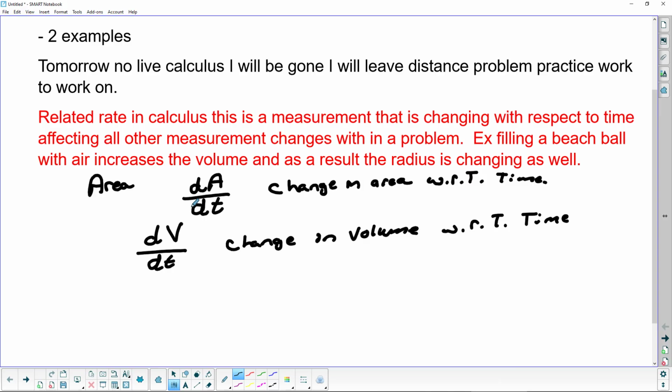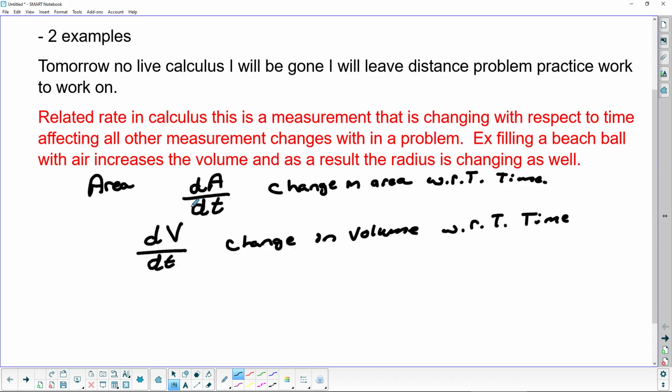Okay. So we're going to start with the easiest shape to deal with, and that's a circle or a sphere shape. If you think about volume, surface area, circumference of a sphere, they all have only one measurement, and that's radius, or diameter if you want, but that affects the volume, the surface area, and the circumference.